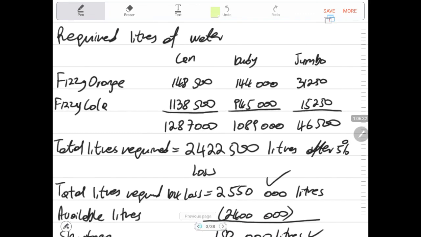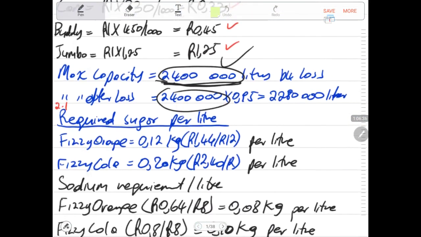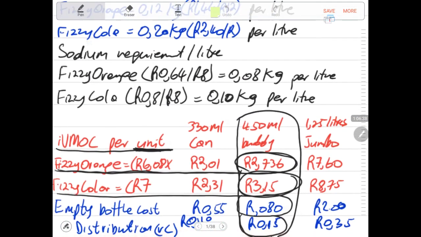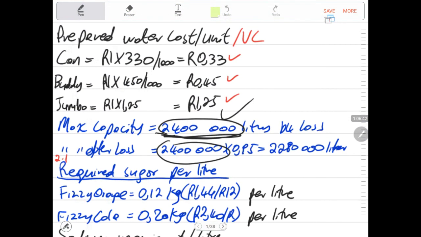We also did have other variable costs. Remember, we still need to take into account the cost of the prepared water, the prepared water cost per unit. For a can, we're not doing the can. For jumbo, we're not doing jumbo. For body, yes, 0.45.